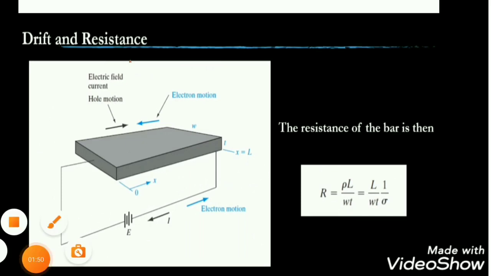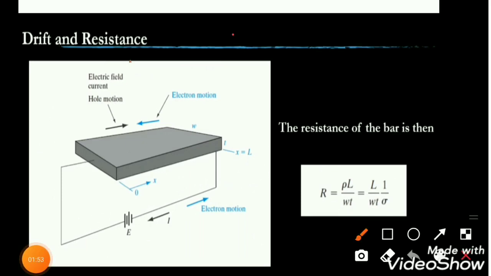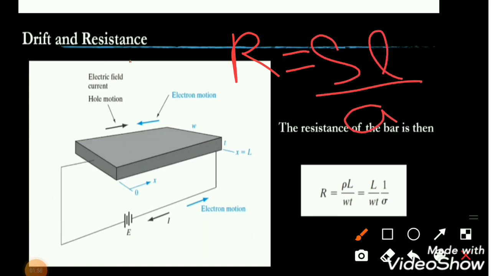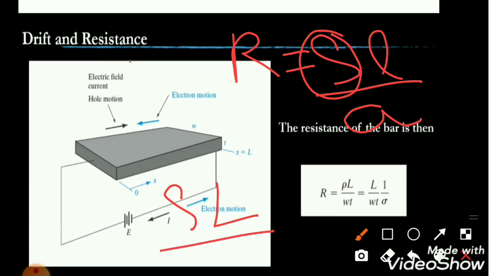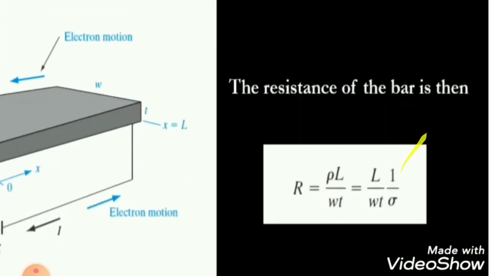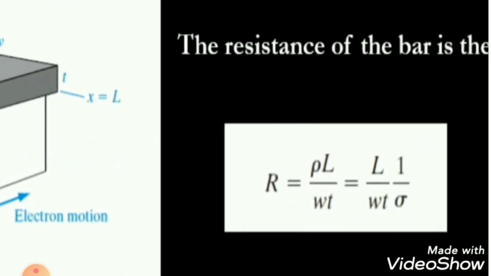The resistance formula, the basic formula from Ohm's law, we know R = rho L by A, where rho is the resistivity and L is nothing but the length, divided by A, the area of this semiconductor material, which is width into thickness.